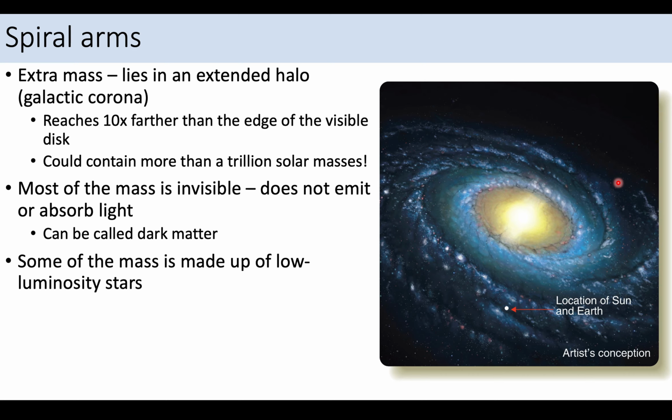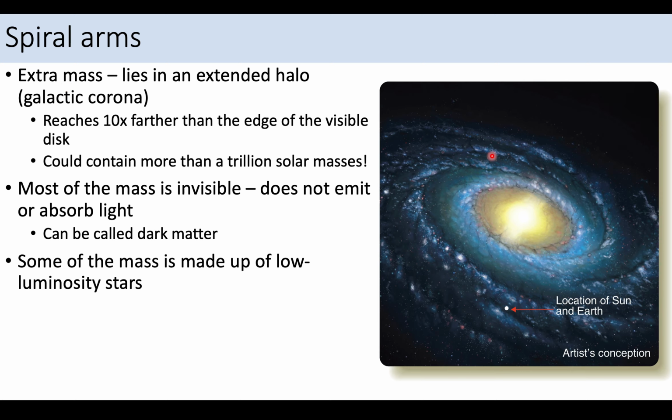So 10 times further than the edge of what we actually see as the disk of our galaxy. And it's assumed that this extra mass is actually made up of more than 1 trillion solar masses. So the amount of mass that would be in about 1 trillion suns.